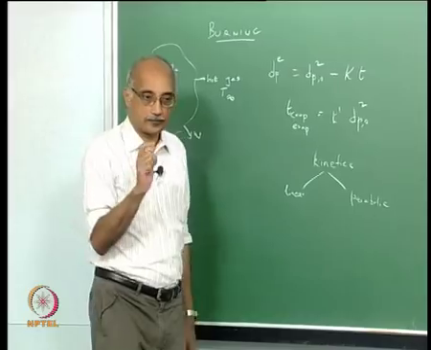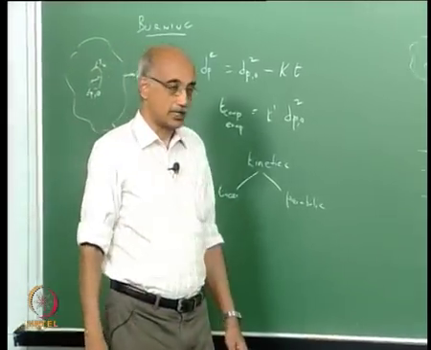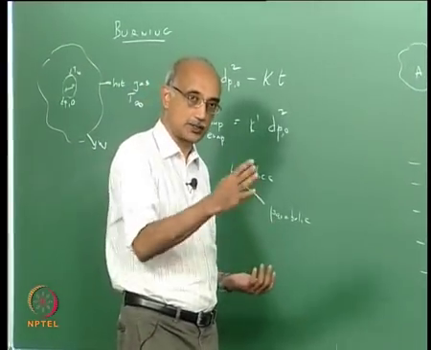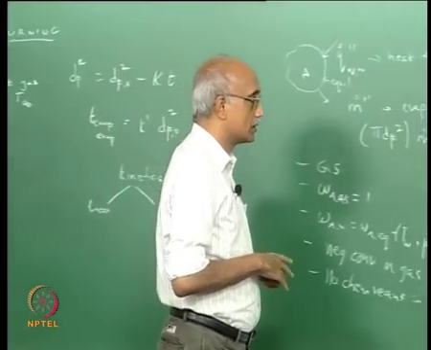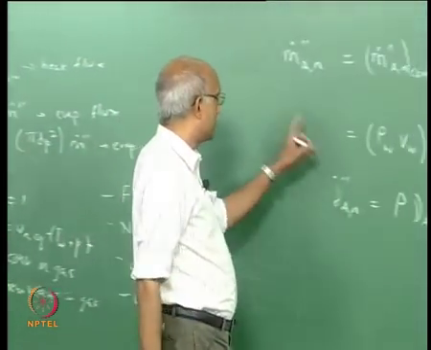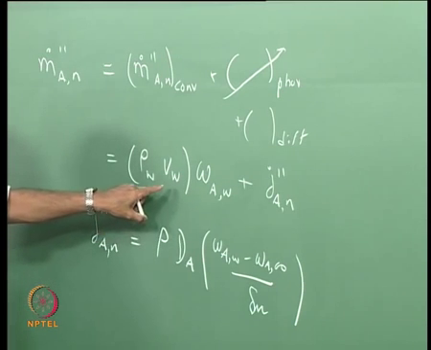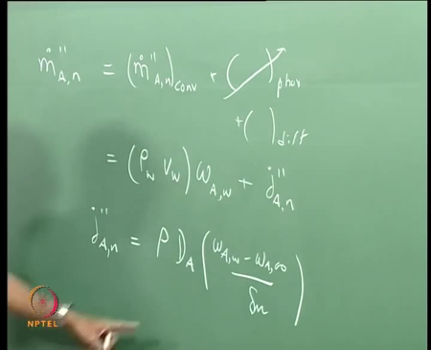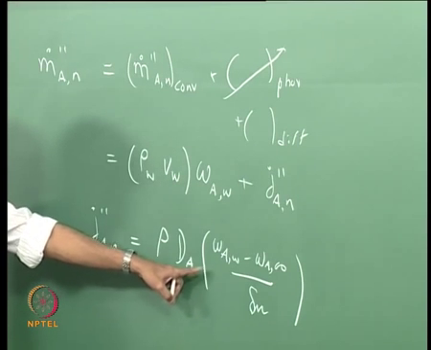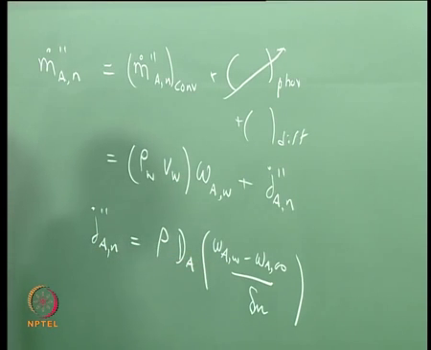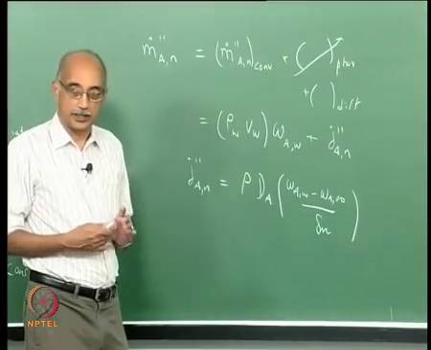So, it is that gradient in mass fraction that is driving the process of evaporation. So, the overall expression then for the evaporation flux of species A is rho W V W times omega A W plus rho times D A times omega A W minus omega A infinity over delta M.